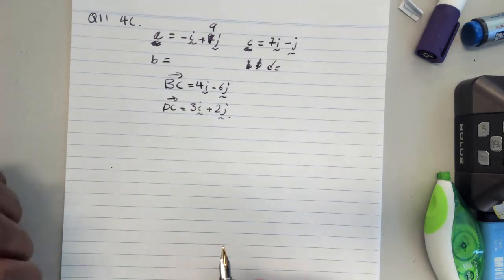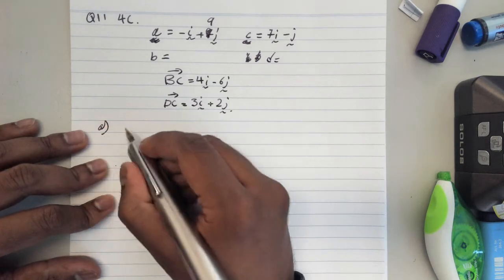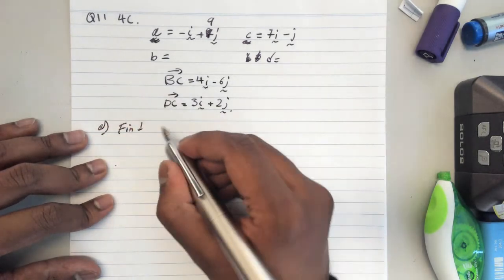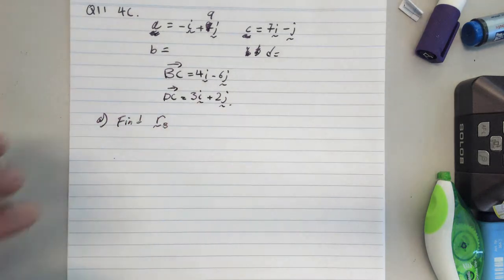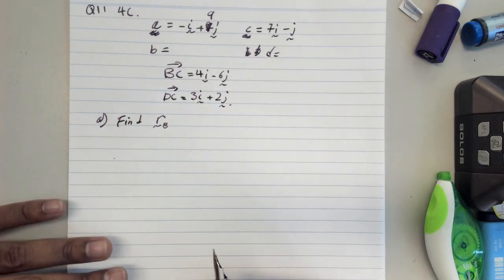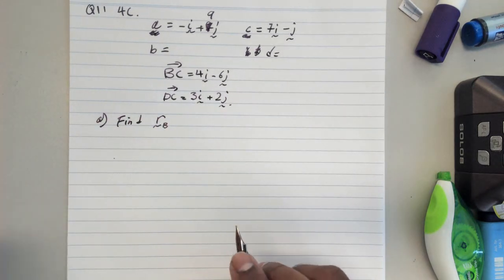Question A, so simple. Find the position vector of B.